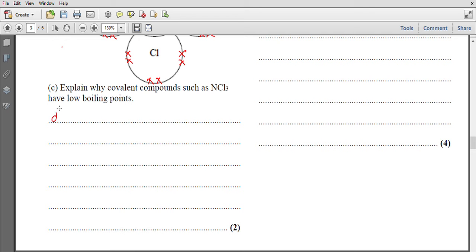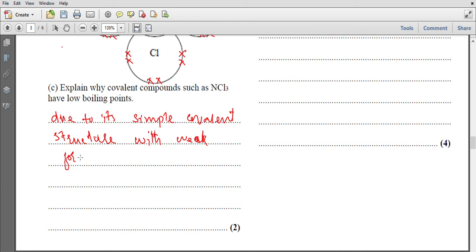Remember, due to its simple covalent structure with weak forces of attraction between the molecules, it requires less energy to break the forces of attraction and melt it.